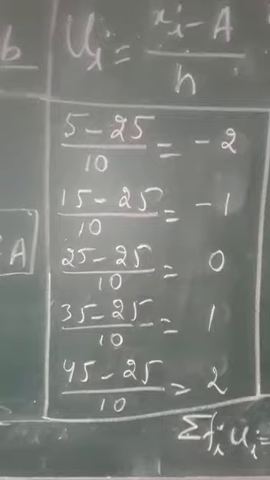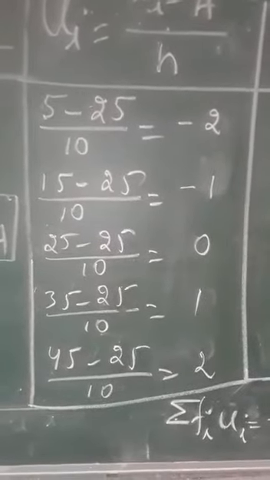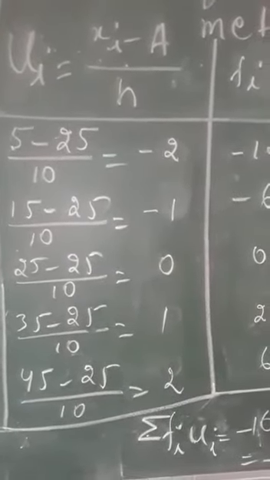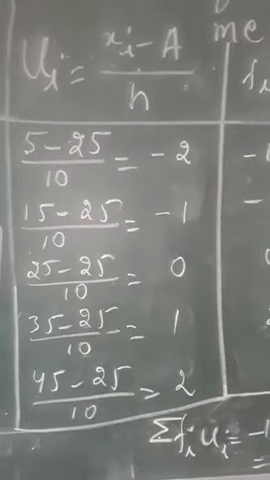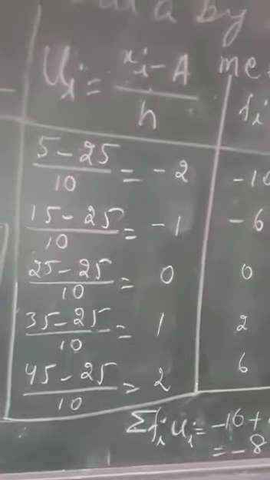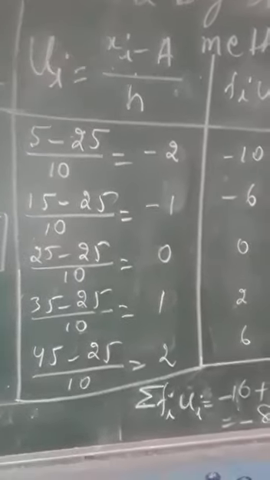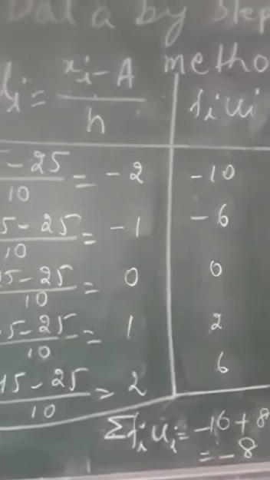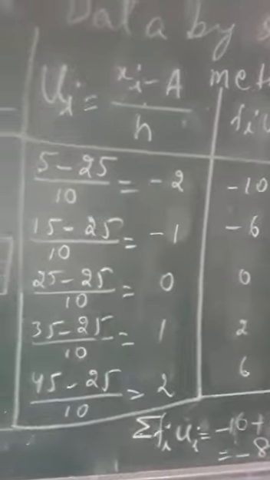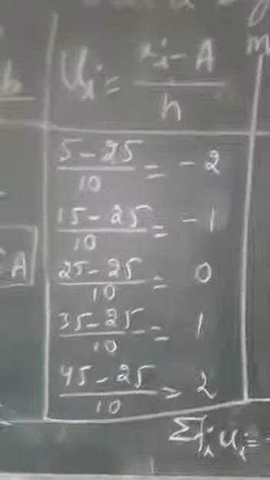Similarly, we have obtained the difference of 35 and 25 and divide by 10 to get 1, the value of ui, and in the last 45 minus 25 divided by 10 is equals to 2. Now in this way we have obtained all the values of ui, which is equals to the quotient of di and h. Di is representing the difference of xi and a, that is assumed mean. Xi is each term class mark.